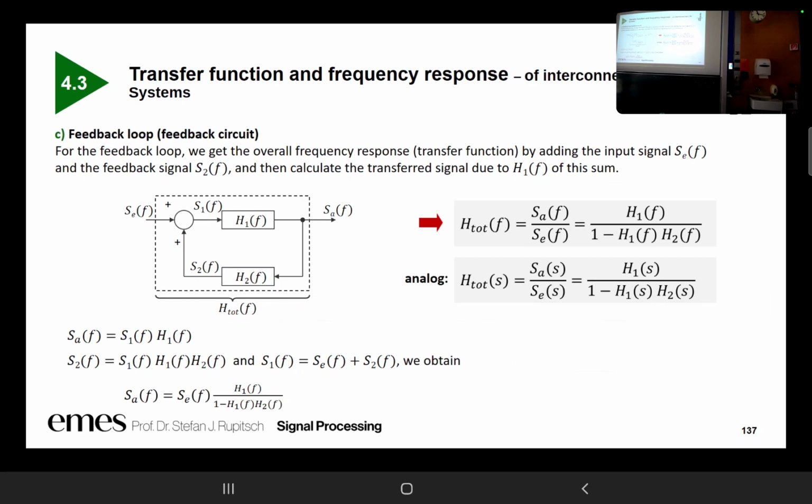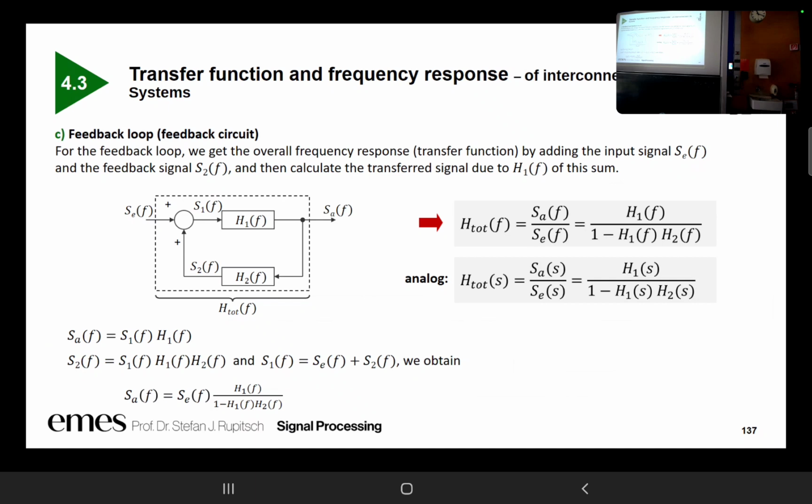SA is given by S1 times H1, and S2 is equal to SA times H2, and SA times H2 can also be written in this manner because we have inserted here instead of S2 this S1 times H1, and then we finally need this one, that S1 is equal to SE plus S2.